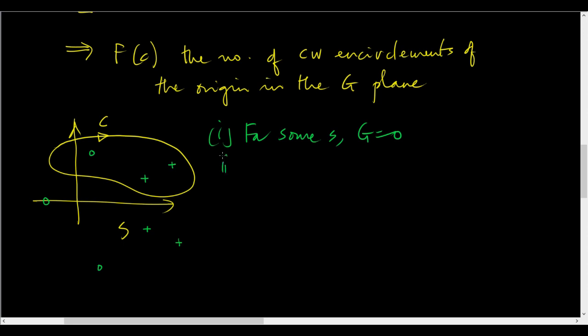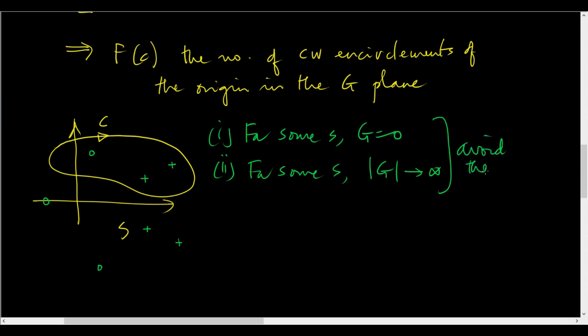Another is, for some S, this goes to infinity. Okay, so this again, the curve goes off to infinity, then it comes back from infinity, and it's no longer a closed curve, so we don't want these, so we will avoid these points. That means basically we will avoid zeros and poles of G.